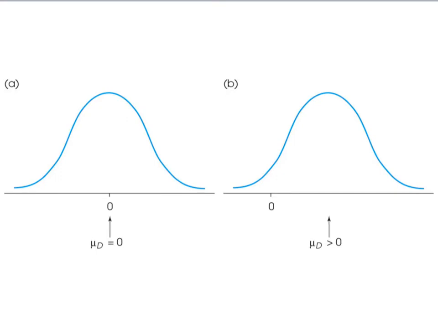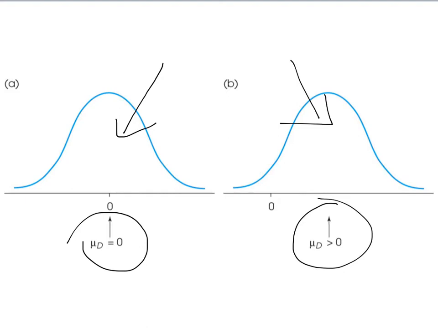We have a theoretical population in which our null hypothesis says that the difference between the pre-test and the post-test, or the difference in the measurements in the two conditions, is zero. And we have an alternative hypothesis that the population differences are different from zero.